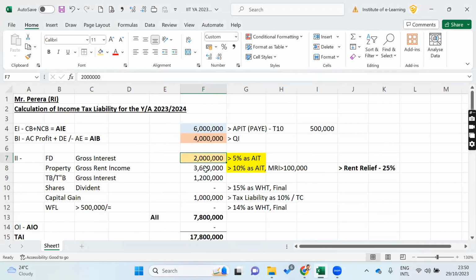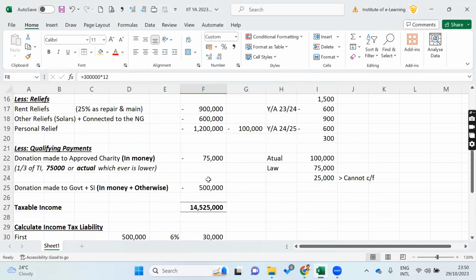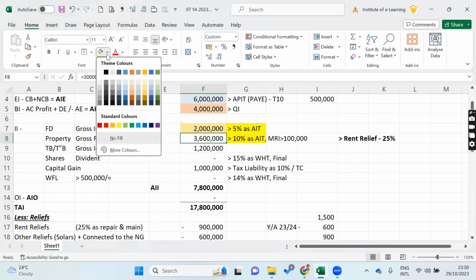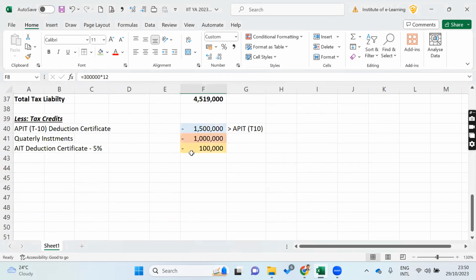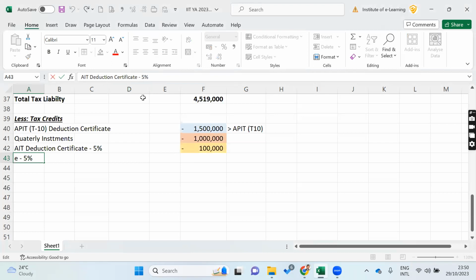Then if you have gross rent, definitely tenant will deduct 10% since you are getting more than 100,000 per month. ලක්ෂයට වඩා වැඩි මාසයකට එහෙනම් 10,000ක් tenant deduct කරගන්නවා. එහෙනම් you will get the separate certificate for this. So this is called advance income tax deduction certificate, 10% on rent income.